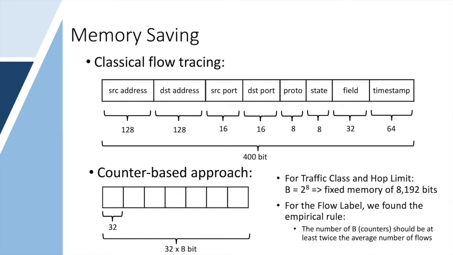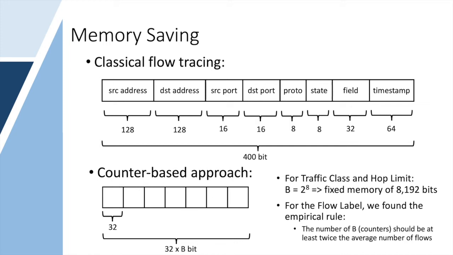Speaking about the resource consumption in terms of memory, the lower the number of bins, the less memory is needed. However, a lower B results in coarse-grained statistics that can pose some limits.